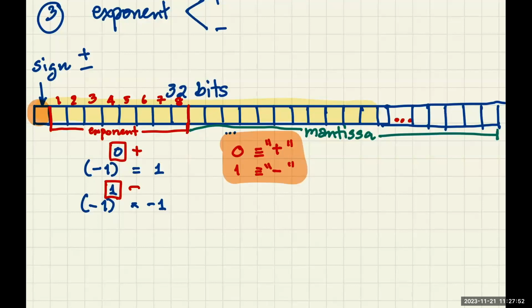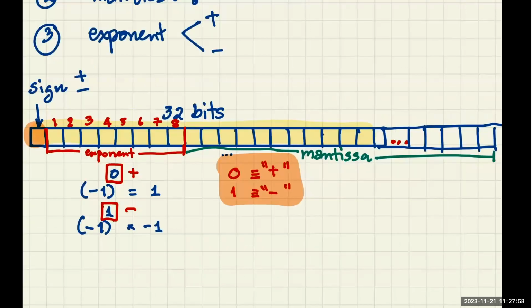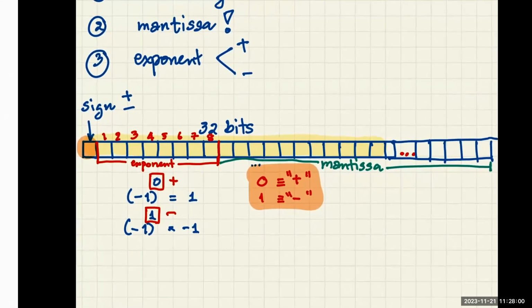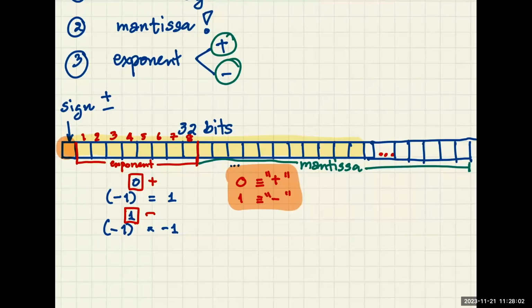So you reserve 8 bits for the exponent, and remember that the exponent also has a positive or negative sign. So in the standard way, you reserve the first bit, and the second bit of the whole computer word length is for the sign of the exponent, either 0 or 1.